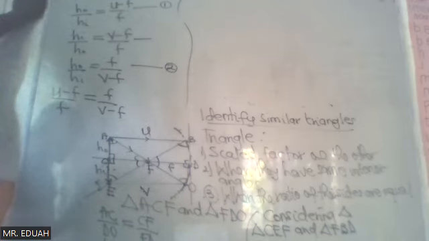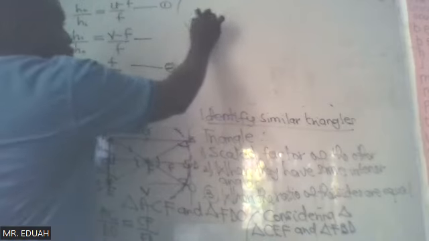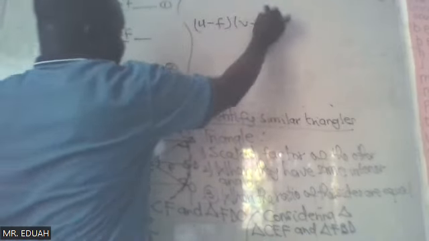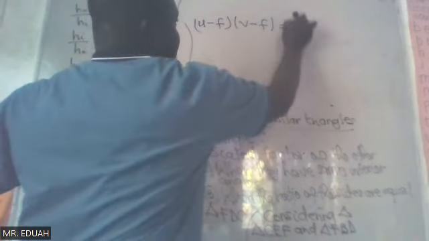When I finish, we'll quickly go through it again. So when we cross multiply, we have (u minus f) times (v minus f) is equal to f squared. I hope we are fine.